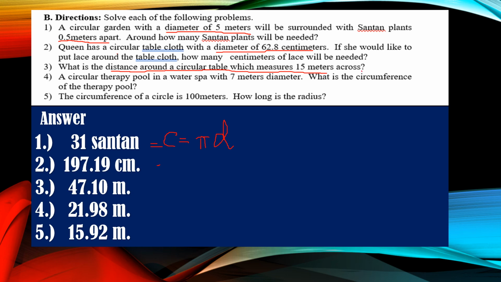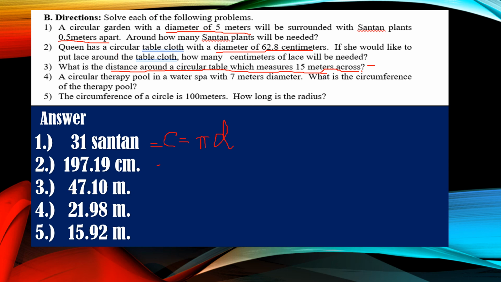The distance around the circular table which measures 15 meters across. So when we talk about 15 meters across, this is a diameter. So we are looking for the circumference again. So the formula is C or circumference equals to pi d. The given is diameter. So the answer is 47.10.